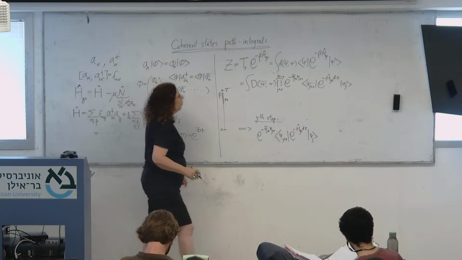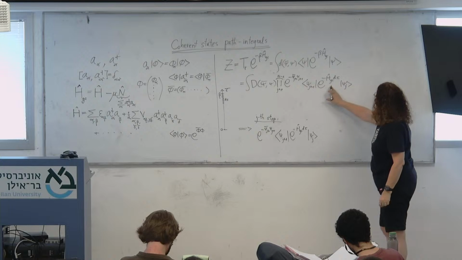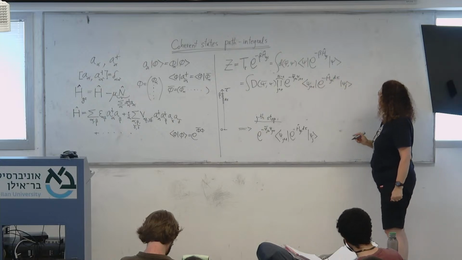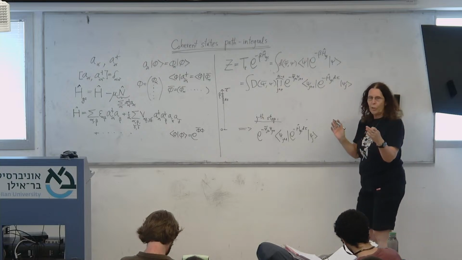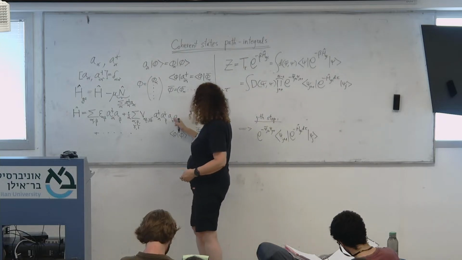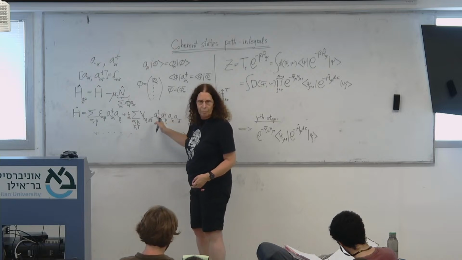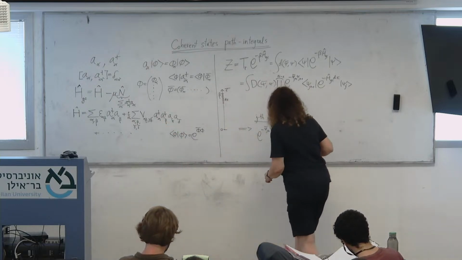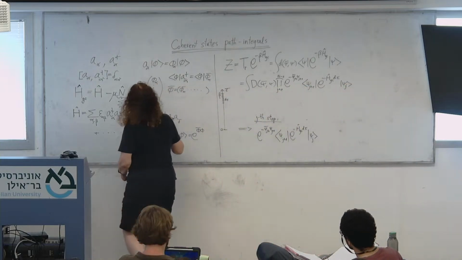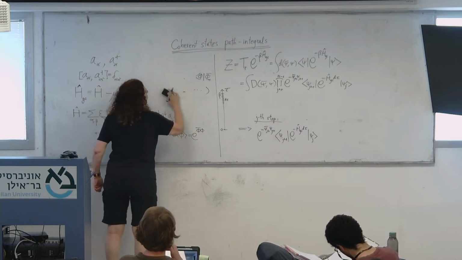And therefore, when we take the matrix element, we get an expression which is like the Hamiltonian, but every A is now replaced by psi, and every A dagger by psi bar. So let me write something general to give you the idea. This we no longer need.